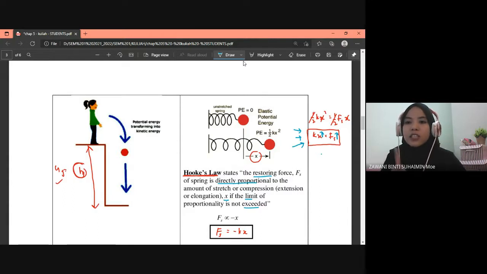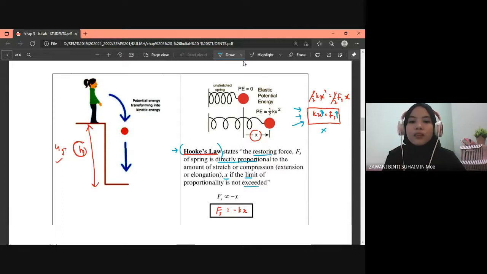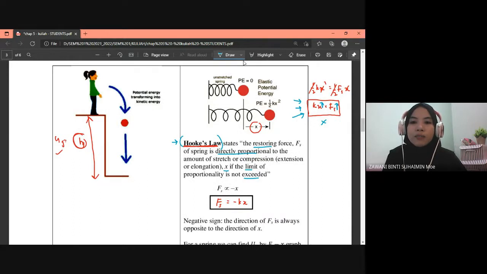Okay, sebab relationship ini dah tak valid. Macam tu. Okay, so selagi dia tak lebih limit, maksudnya kita boleh follow Hooke's law. Apabila dia lepas the limit satu-satu elastic material tu, Hooke's law dah tak valid.